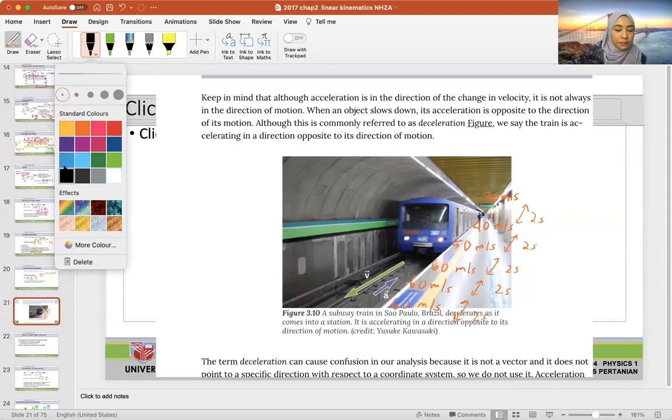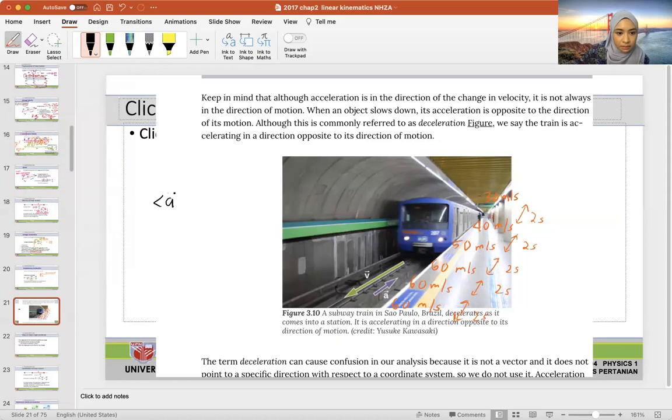So what is my average acceleration? How can I find my average acceleration? The equation is delta V over delta T. What value should I put here? No one? Okay, we talked about instantaneous earlier.